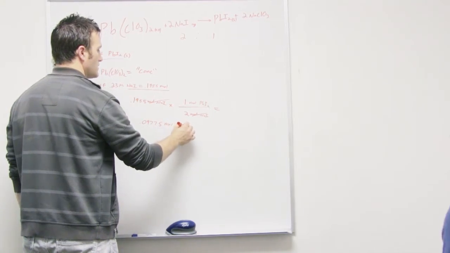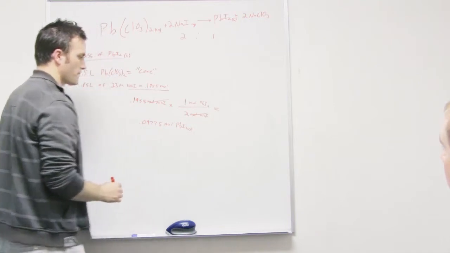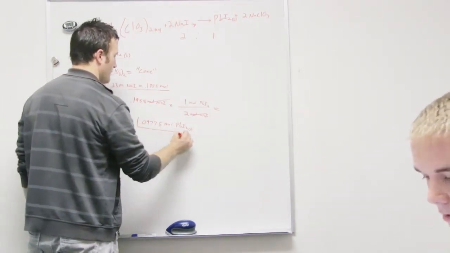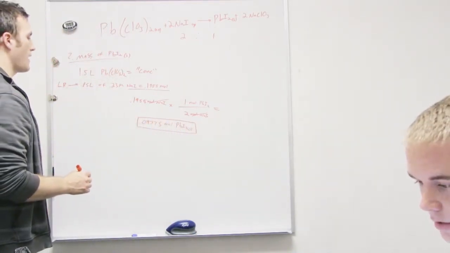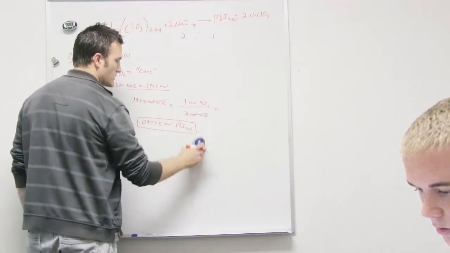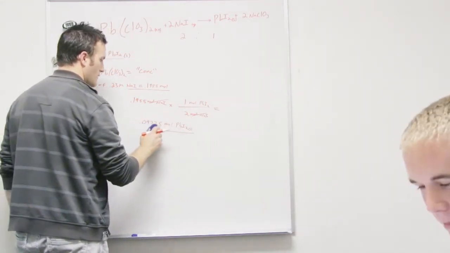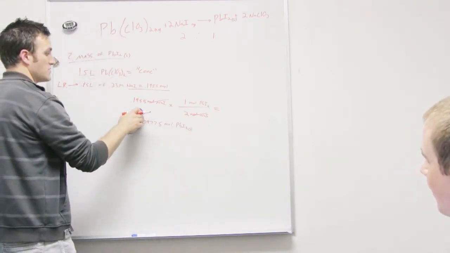PbI2, I guess you should say solid. And then from there, we just need the molecular weight, because it wants mass, right? I guess I shouldn't have boxed it. It's nice to write down what you want, because sometimes you forget what you're looking for.